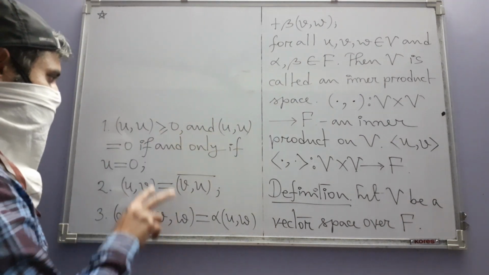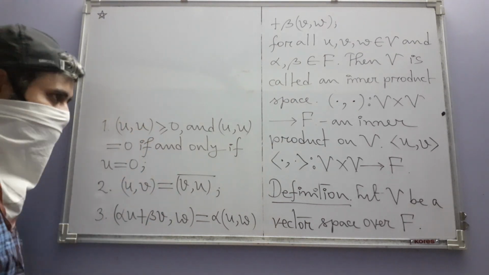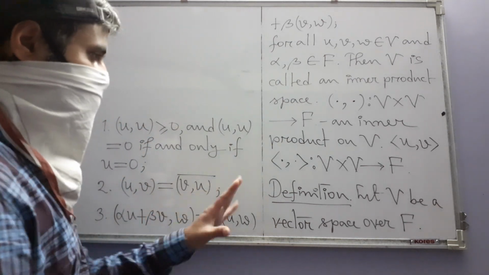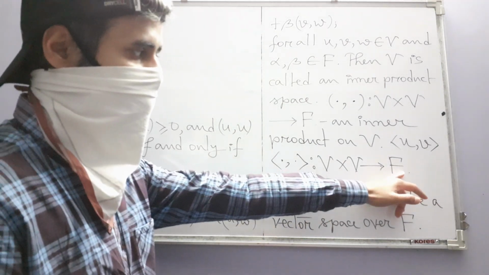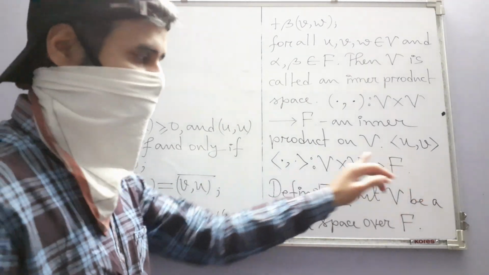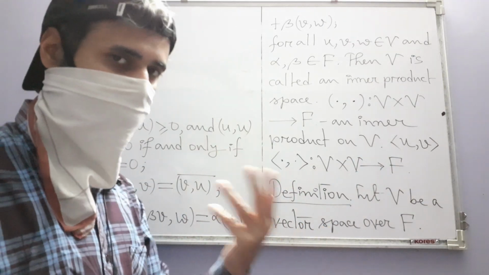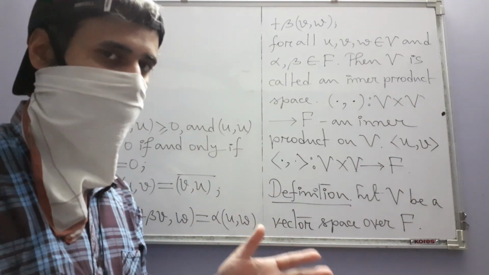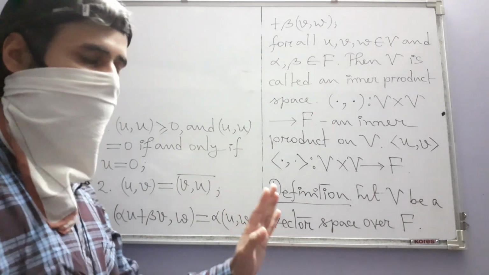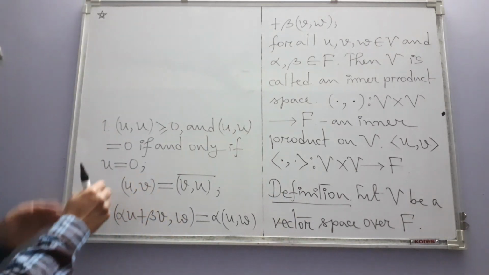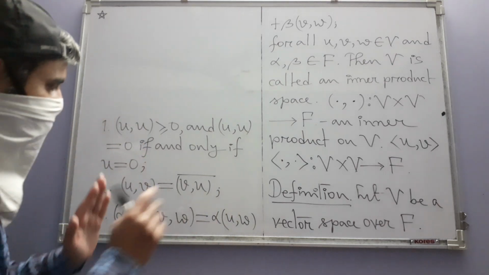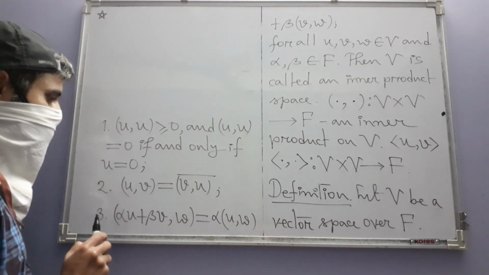So what we said is that the inner product of two vectors is a complex number. Even when this F is the field of real numbers, we can call real numbers complex numbers, because real numbers after all are complex numbers, where the imaginary parts are 0. So in general, these things are complex numbers. Fine.